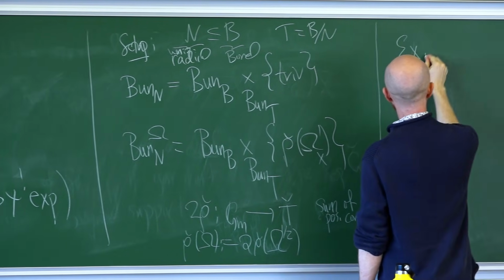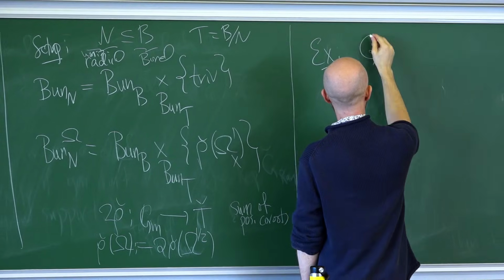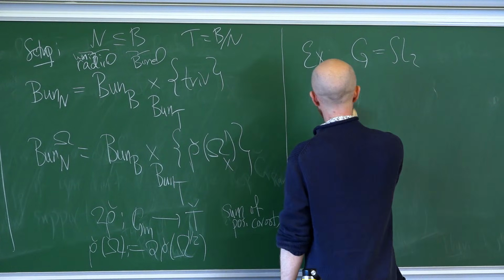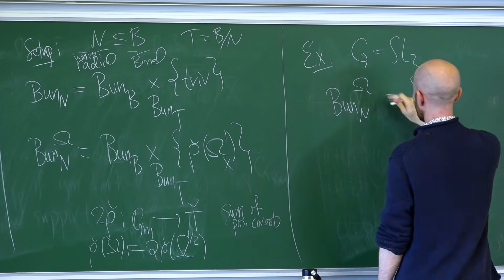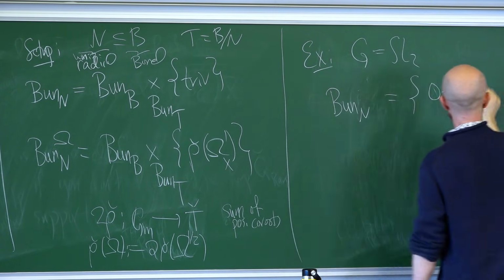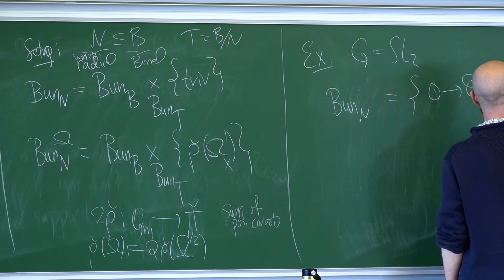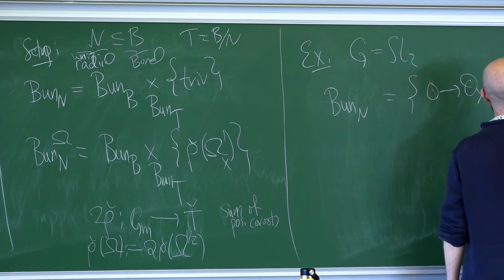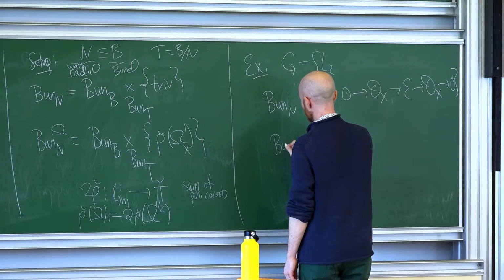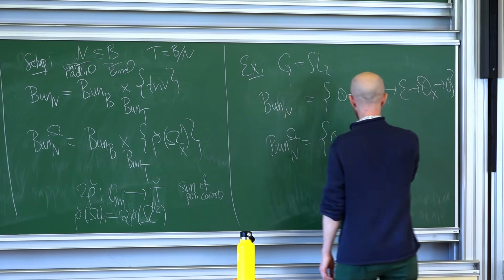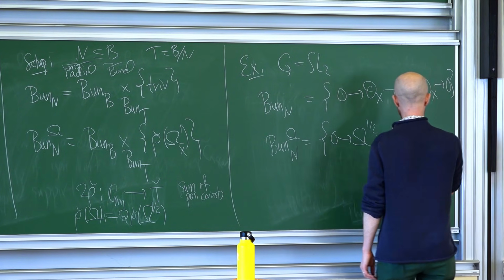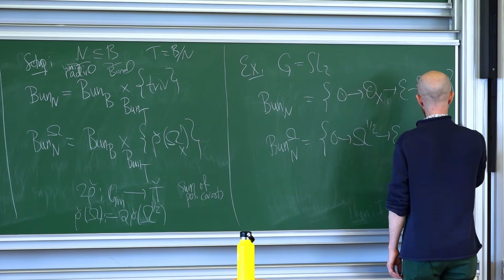So as an example, if G is SL2, then Bun N will be the stack of extensions like this, and Bun N omega is going to be the stack of extensions like this.